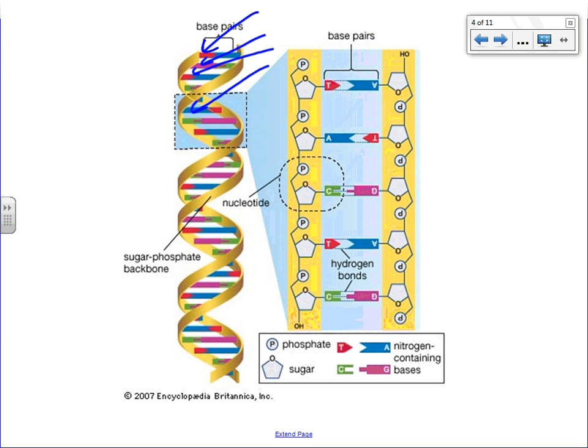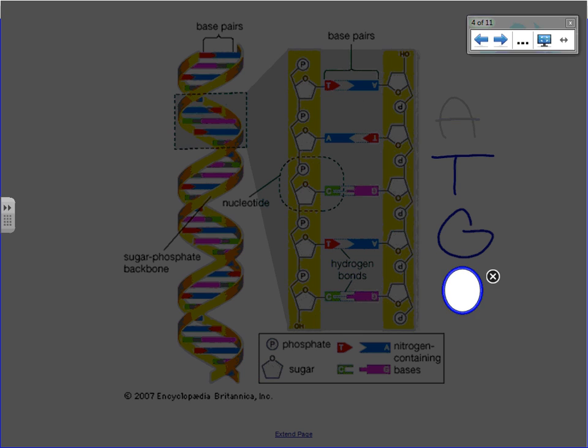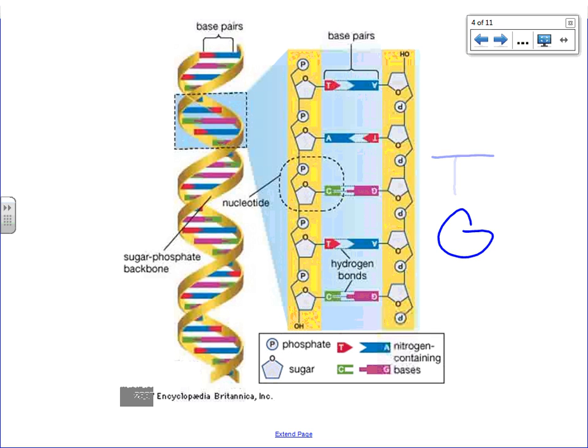Remember, our bases are adenine A, thymine T, guanine G, and cytosine C. Each of our bases is connected to a backbone, and then what we get is a double-stranded DNA molecule. Remember, the purpose of the other strand is to make sure that the letter order doesn't get messed up. It's called a complementary strand.